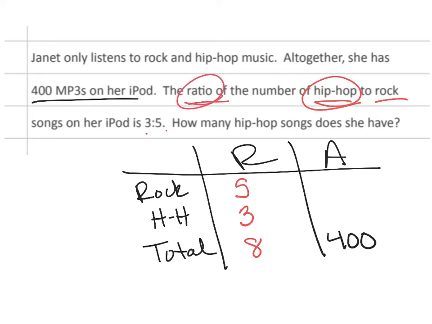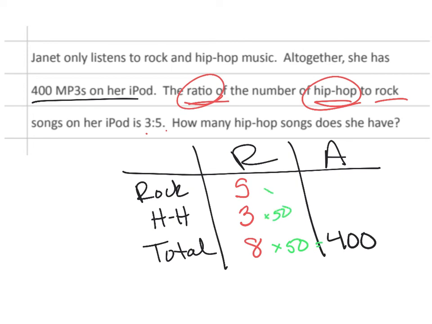Okay, so let's do the math. 8 times what gives us 400? You are going to have to use your calculator: 400 divided by 8. We get 50. So 8 times 50 equals 400.